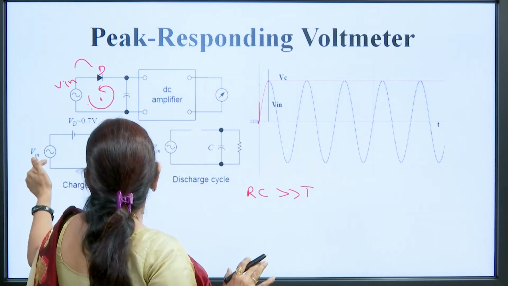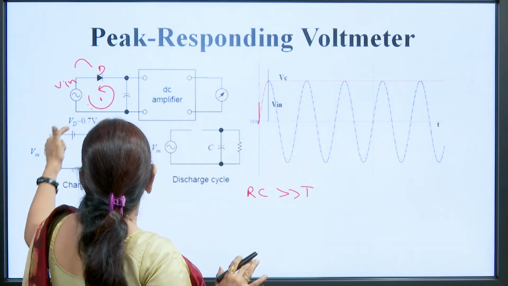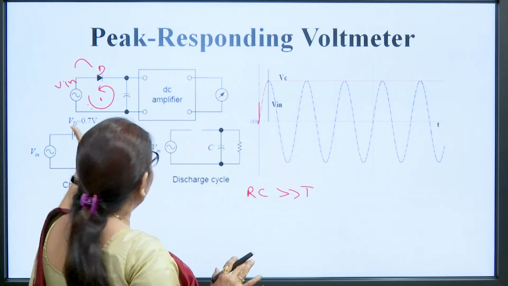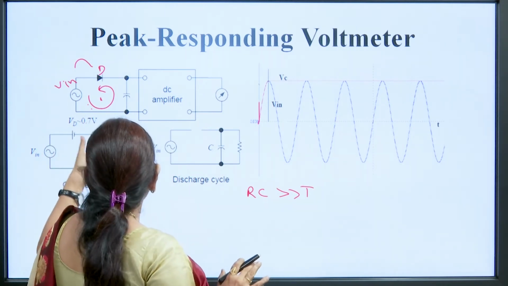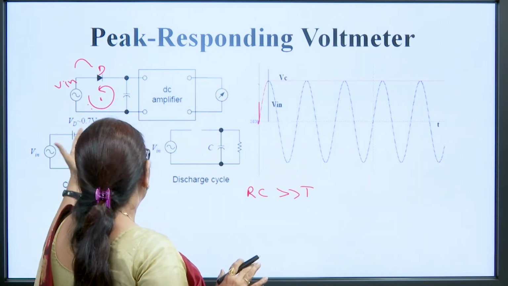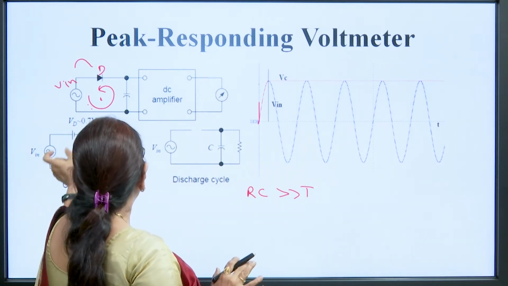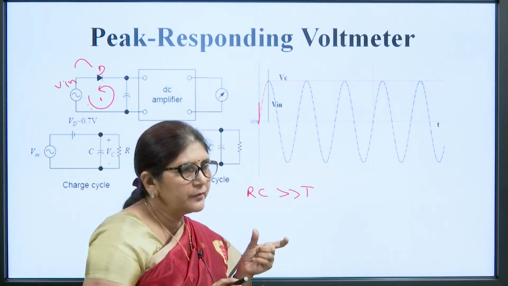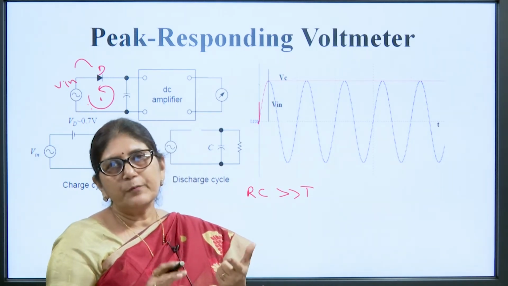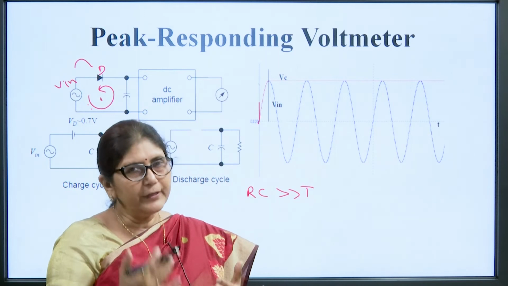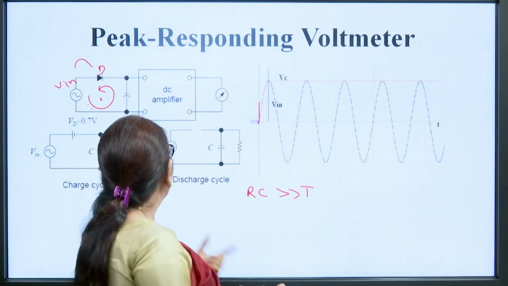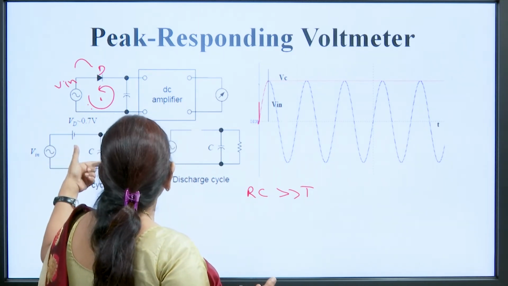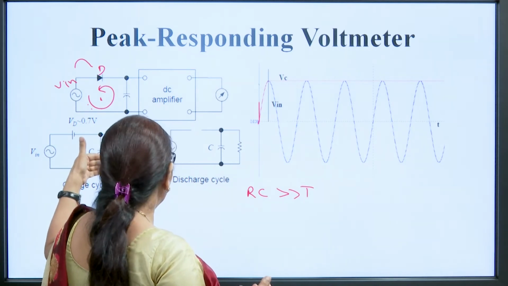You can see that in the charging cycle, the diode offers a 0.7 volt voltage drop and this capacitor is charged. Practically, a voltage less than V input by 0.7 volt appears across the capacitor, but ideally, if we consider the diode to be ideal, not offering any resistance or voltage drop, then this capacitor will charge with the full voltage.